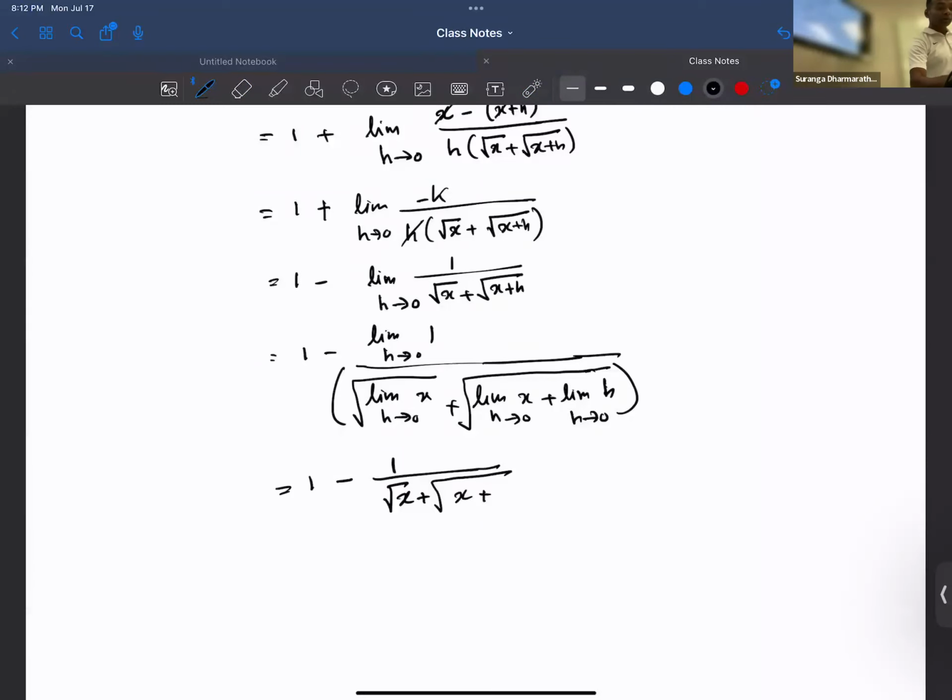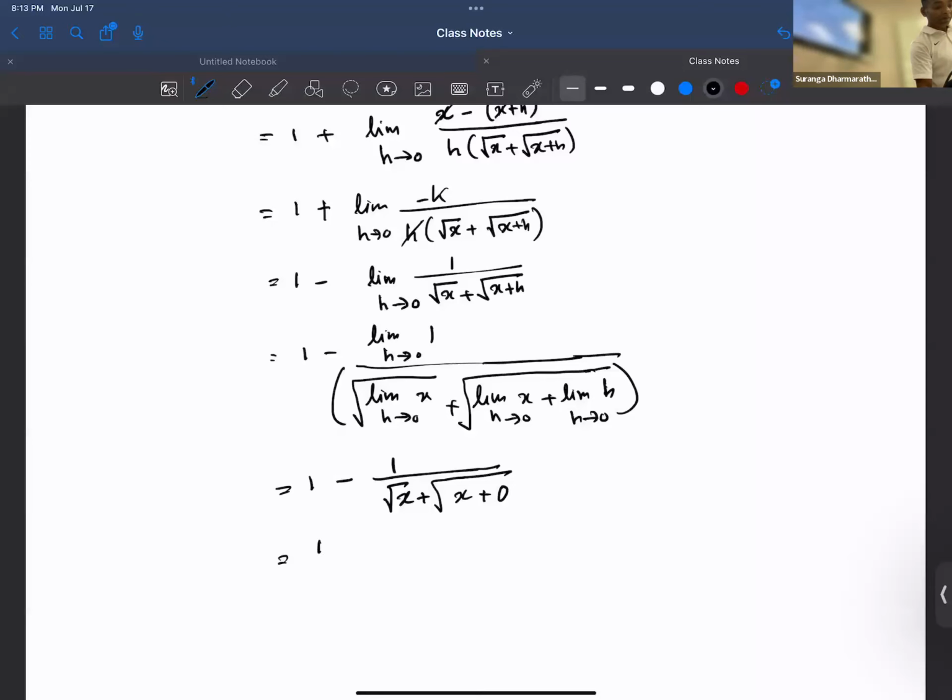When h goes to 0, what happened to h? It's 0. Yes, good. So this is 0. Do you understand clearly why this is x and why this is 0? This x does not change in h, only h changes. Okay, that makes sense? Because the variable is h in here.